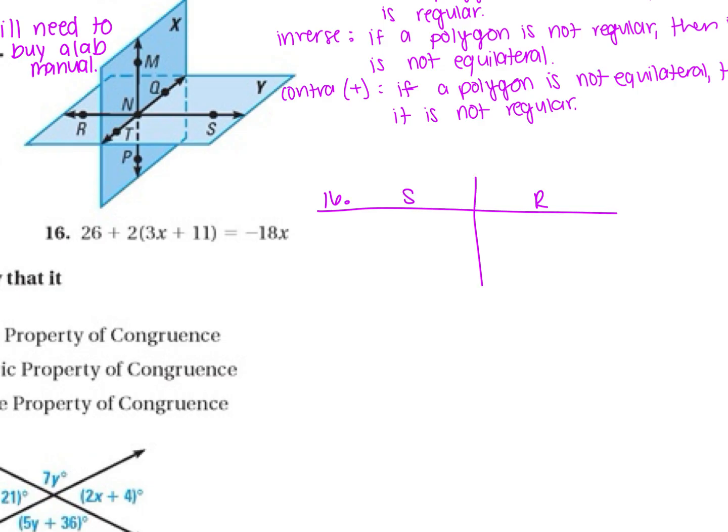Statements, reasons. I have 26 plus 2 times 3x plus 11 equals negative 18x. That's given. My second step, I'm distributing.